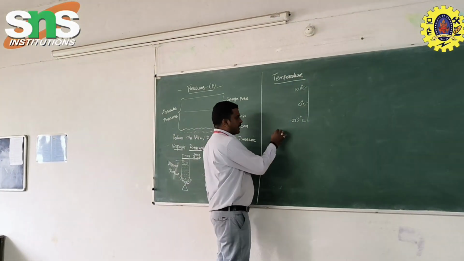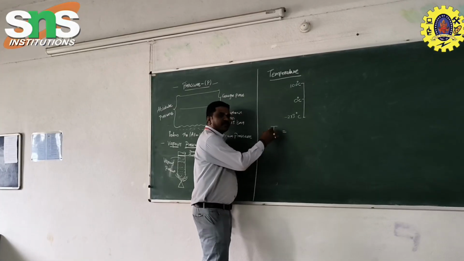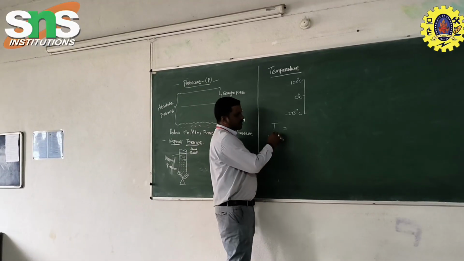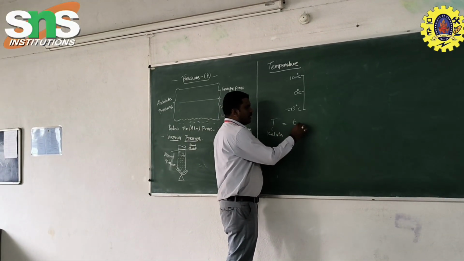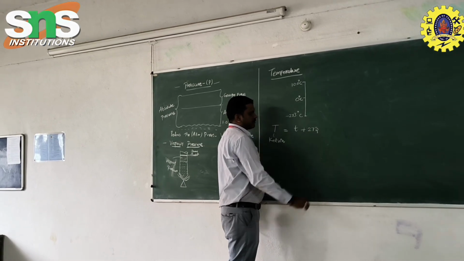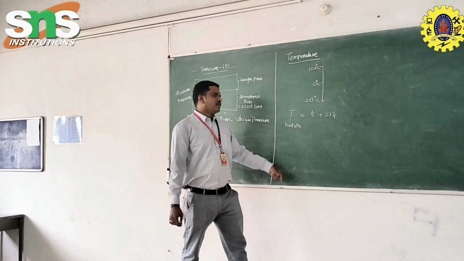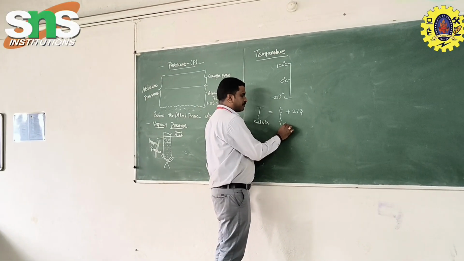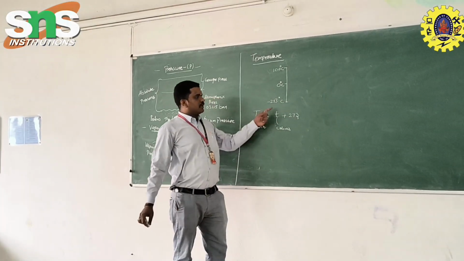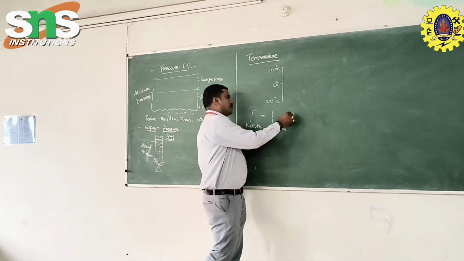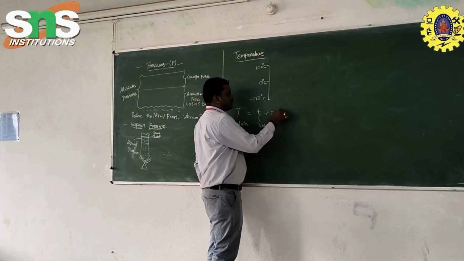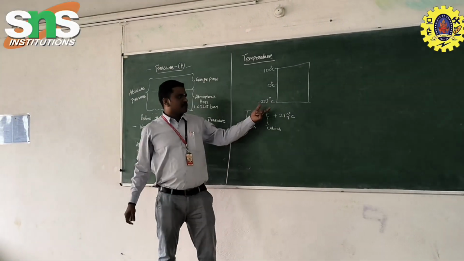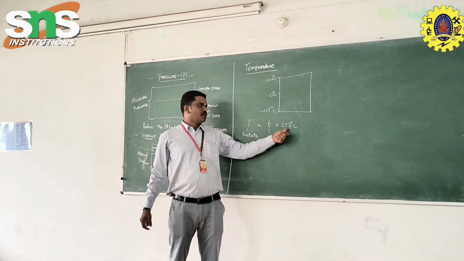The capital T represents the temperature in Kelvin, and capital T is nothing but small t plus 273, where small t is the temperature in degrees Celsius. For example, if you take minus 273 degrees Celsius, then minus 273 plus 273 gives 0.